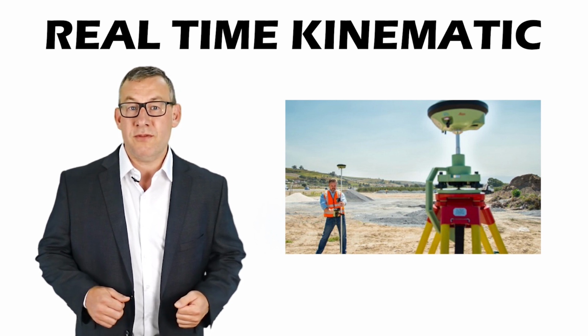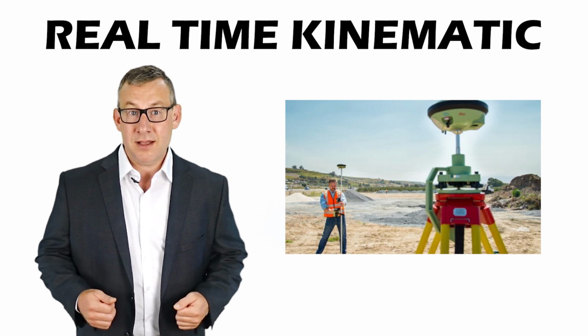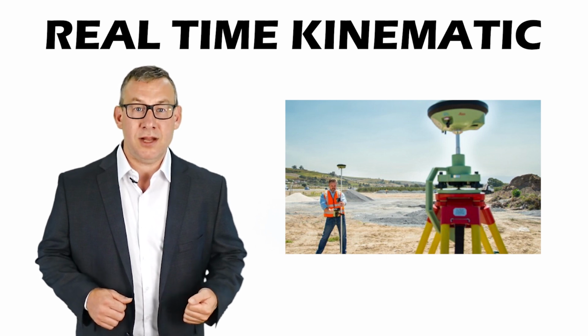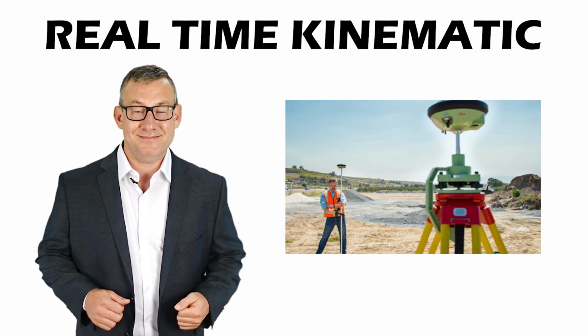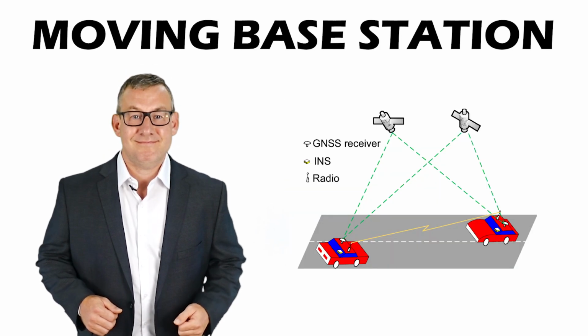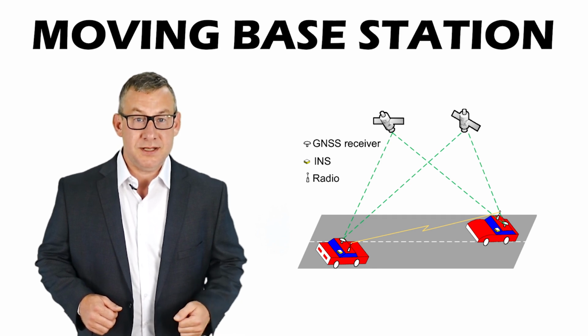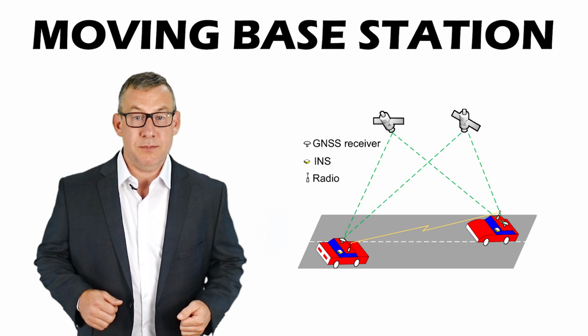There is no uniform definition for what constitutes an RTK system across the field of GIS. RTK just means a highly accurate GNSS measurement system. A moving base station. A moving base station is when the base station is on a moving vehicle.